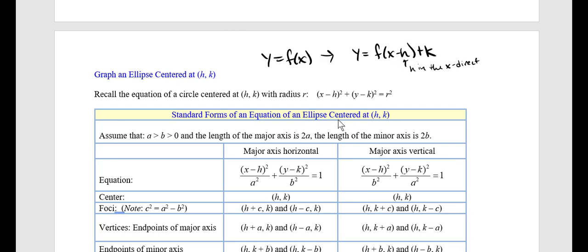Subtracting h from x means you're moving the whole graph that you started with h units in the x direction. And notice this is also whatever you add outside the function, you move that many units in the y direction.